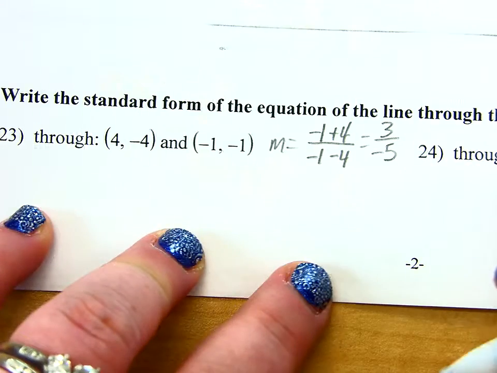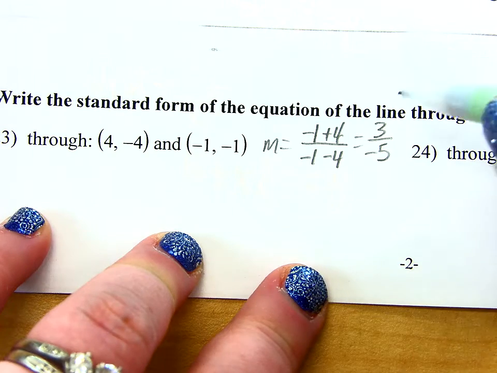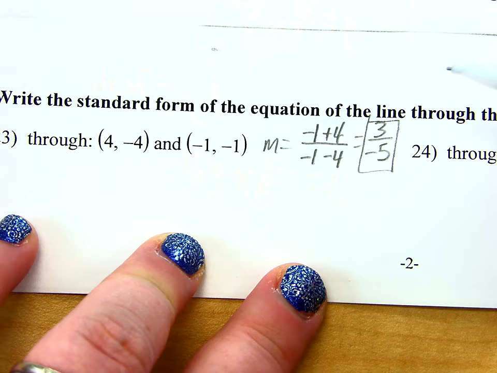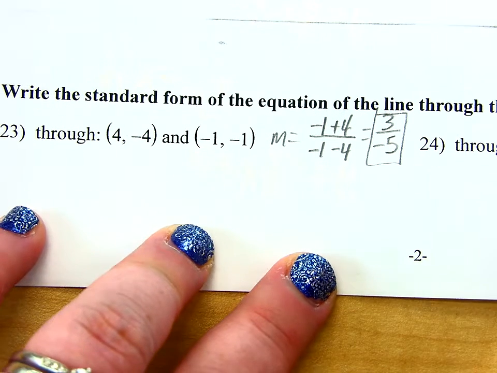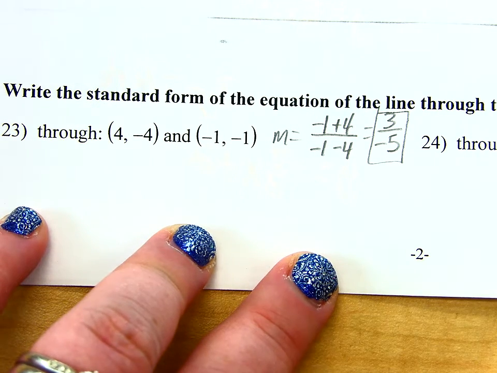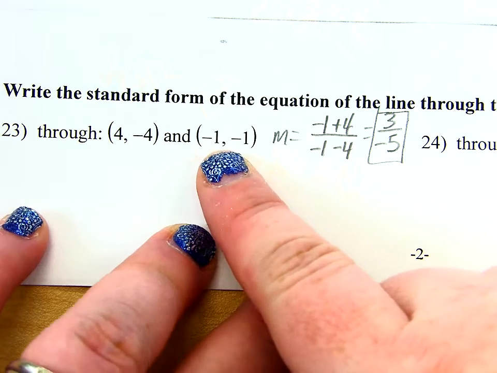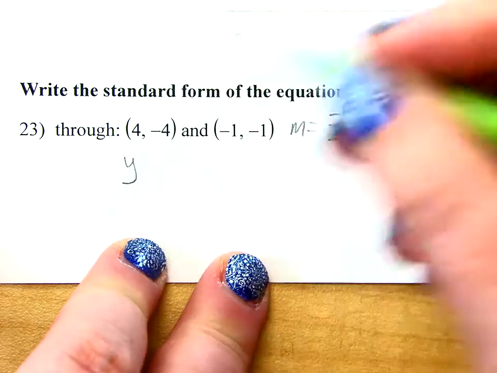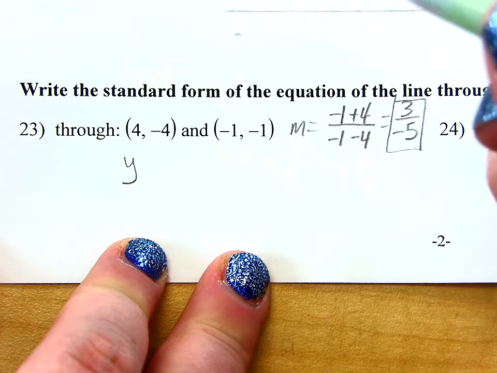Did we all get, oh sorry, negative 3/5? Okay, now, for those of you using point slope form, you have 2 points to pick from. I would pick the one with the 1s in it, because 1 is easier to deal with than 4. If you're going right to y equals mx plus b, that's fine too.